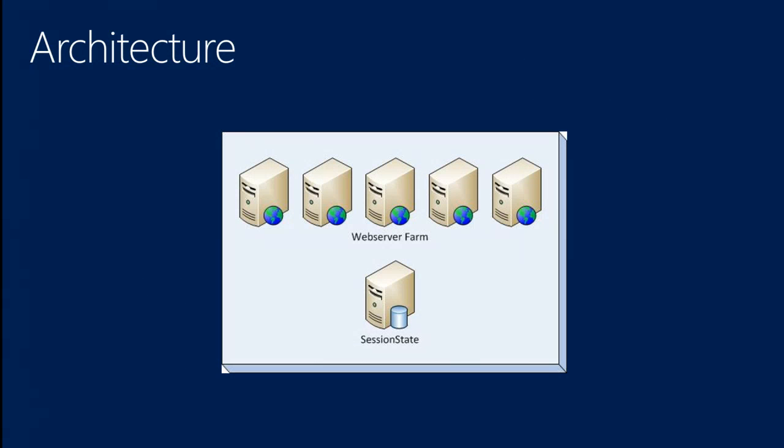Okay, so what does the architecture look like? I gave a quick overview already. You have a web server farm and one central session state server. And this is normally becoming the bottleneck. When a request comes in, the first thing that happens is that the web server does a request to get the session from the session state and places a lock on that session.